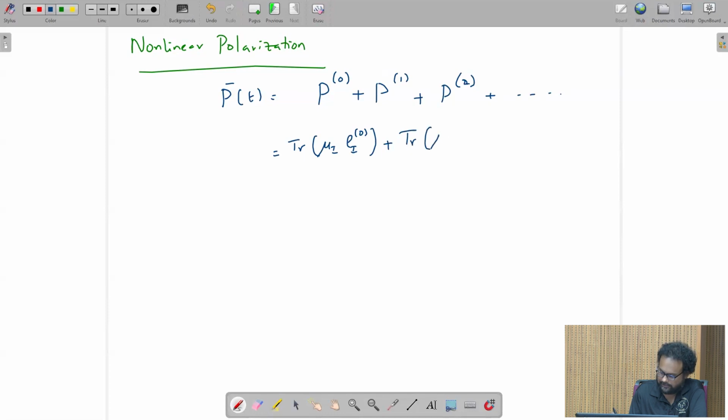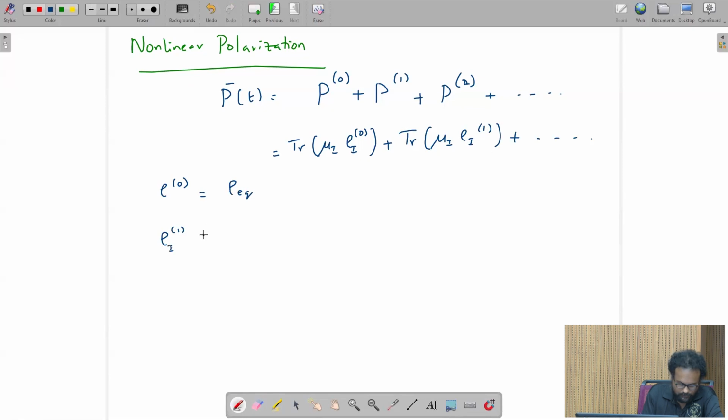Always don't forget that. Here rho n is the nth order expansion of the density matrix. Rho 0 is just the equilibrium, the initial condition of your density matrix.